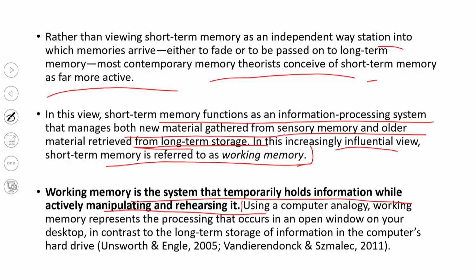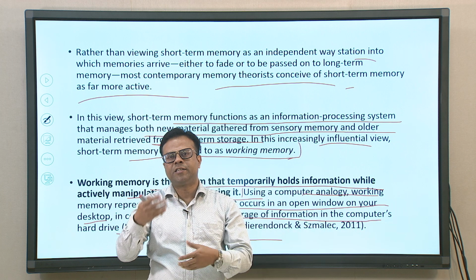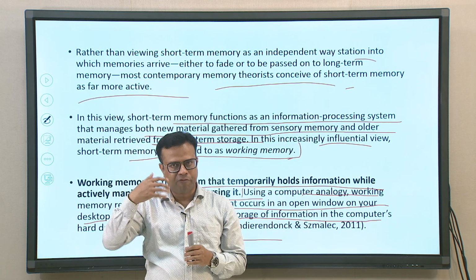Here information is held in the short term space, but it is also actively manipulated. Using a computer analogy, working memory represents the processing that occurs in an open window on your desktop, in contrast to the long term storage of information on the computer's hard drive. It takes information from sensory memory and long term memory, holds it and actively processes it. That is more realistic and in line with how we see people function.